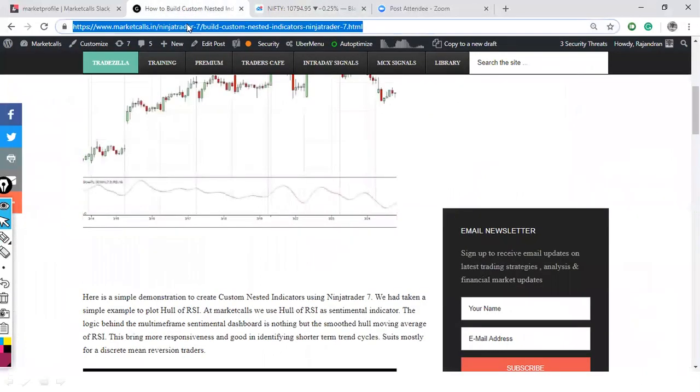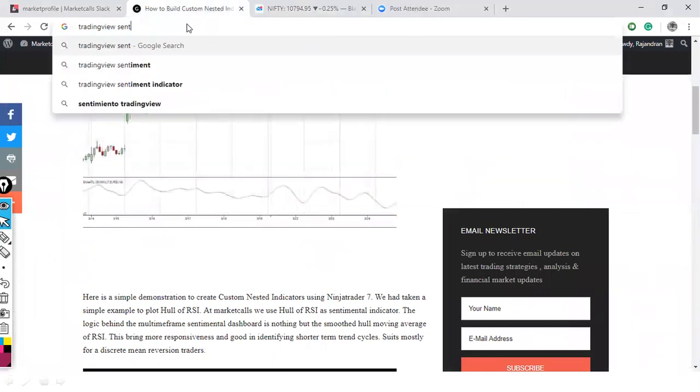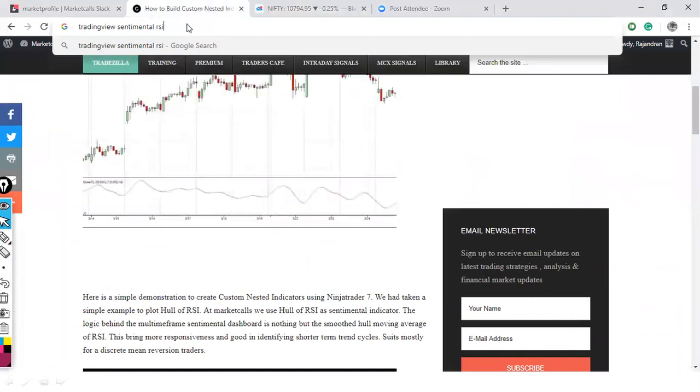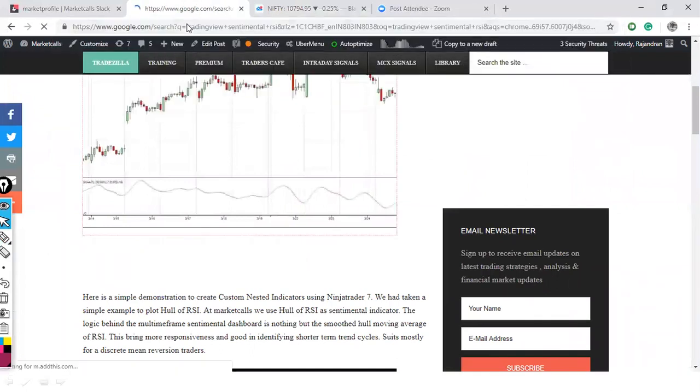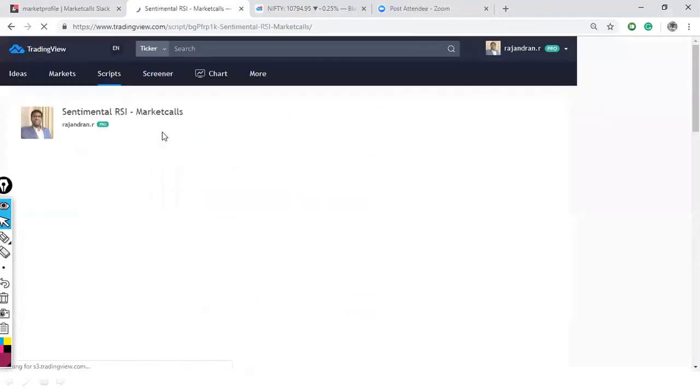Let's check TradingView. Here it is. Here is the Pine Script code for Hull of RSI. If you are a Pine Script user, you can make use of this information also.